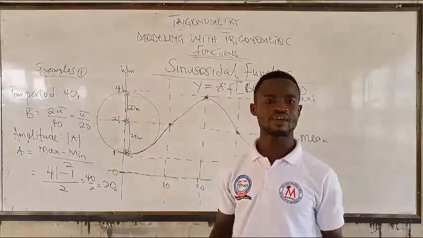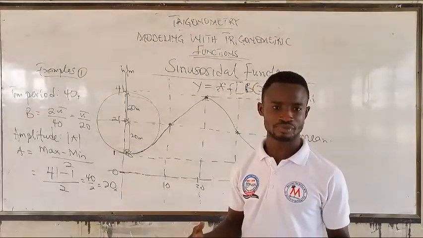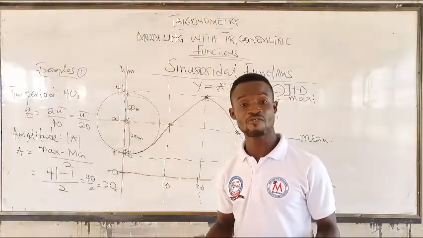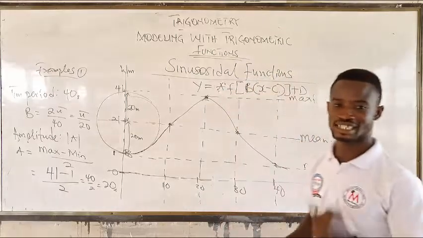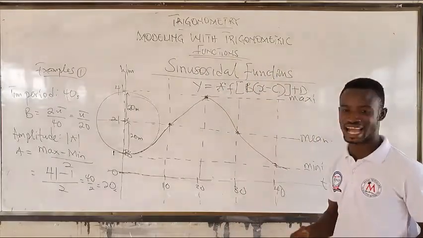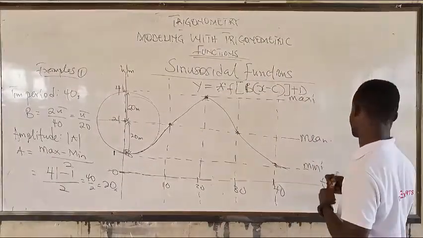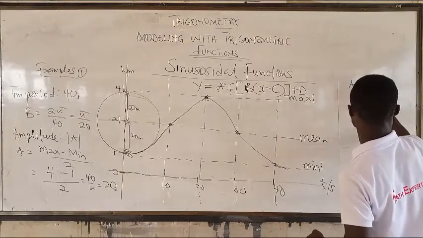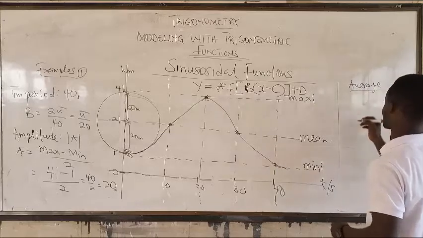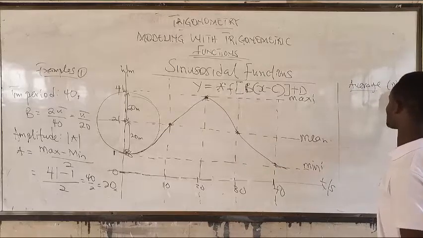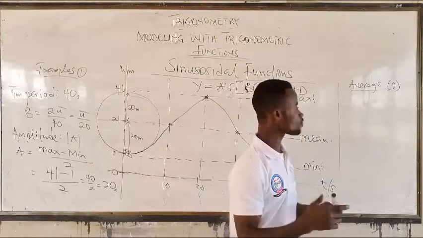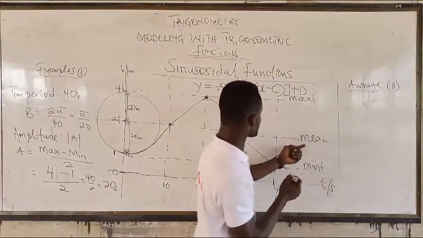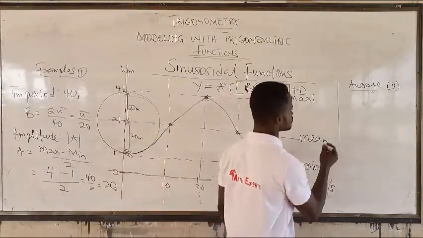Alright. Then let's go for the average. The average is the same as the vertical shift, and that is the D. Don't forget that even if you don't know that this is the mean, now watch.